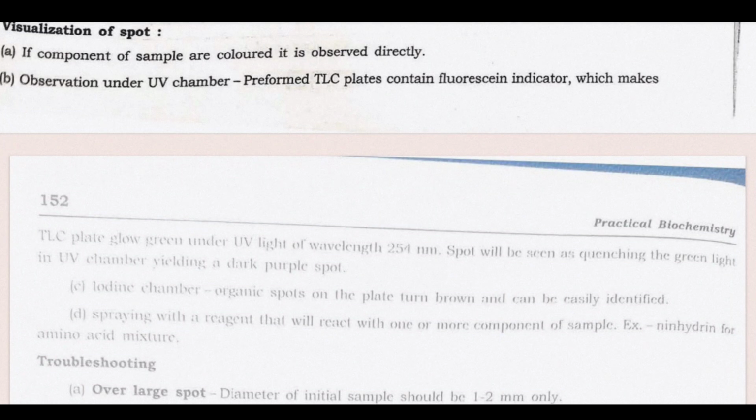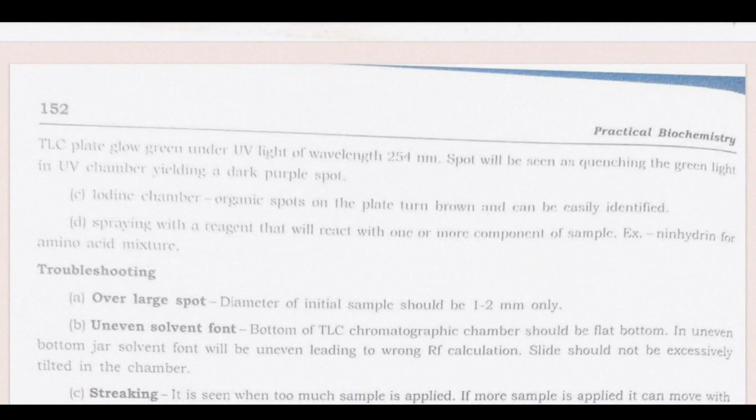A spot will be seen as quenching the green light, yielding a dark purple spot. Iodine chamber: organic spots on the plate turn brown and can be easily identified. Spraying with a reagent that will react with one or more components of the sample, for example ninhydrin for amino acid mixture.